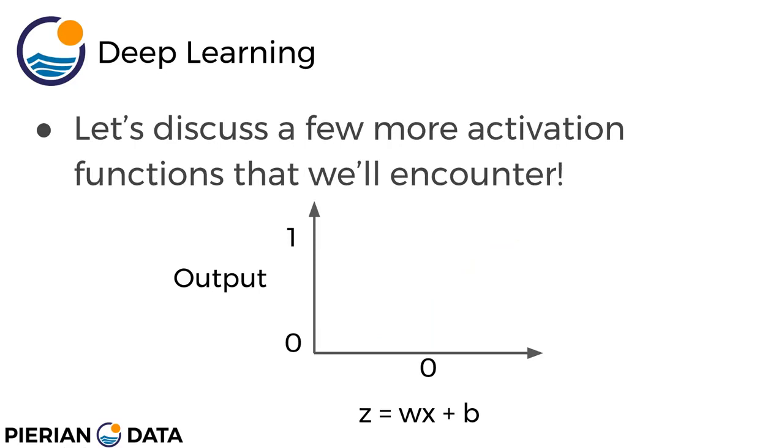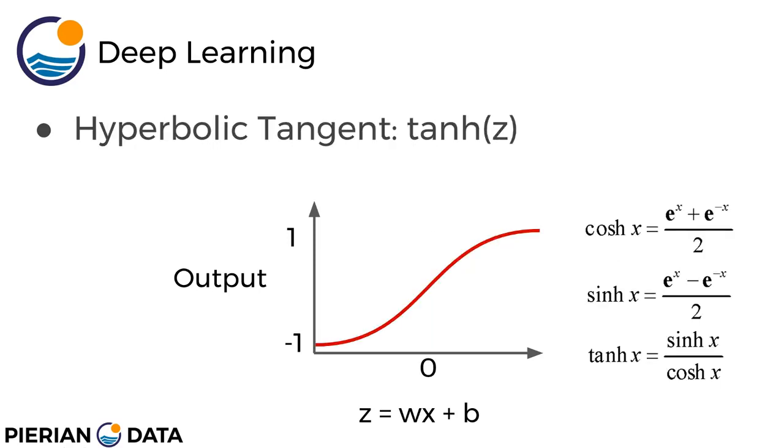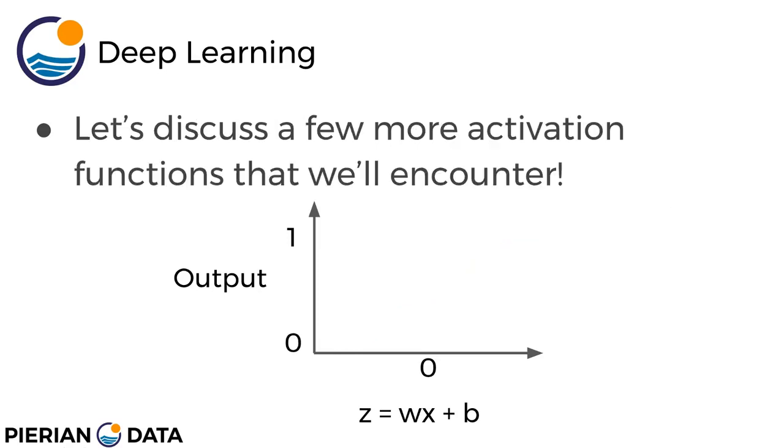Let's discuss a few more activation functions that we're going to encounter throughout this course. So a really common function that's used as an activation function besides the sigmoid function is the hyperbolic tangent function, or tanh of z, where z, remember, is just wx plus b. And that looks really similar to the sigmoid function, except note that the output can then be from -1 to 1, unlike previously we had 0 to 1.